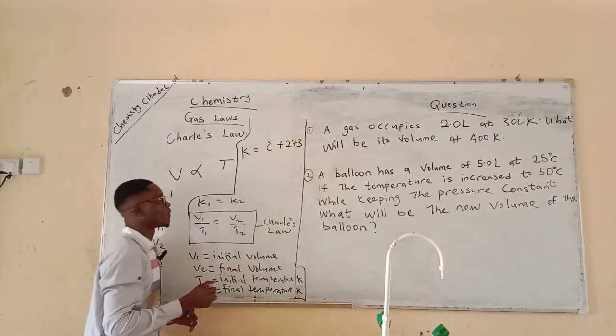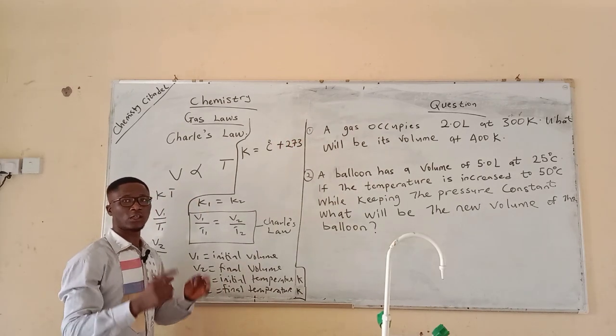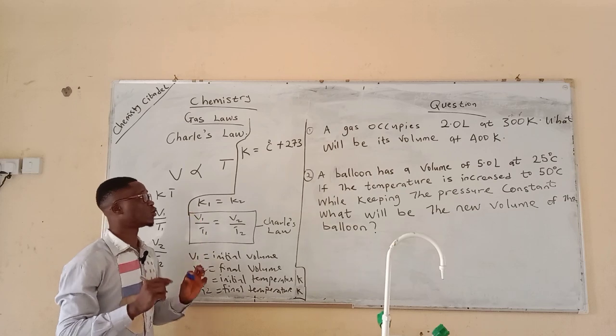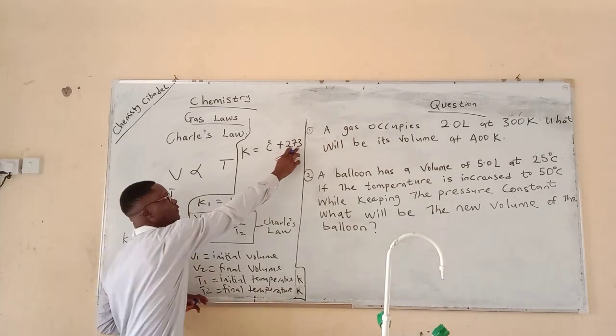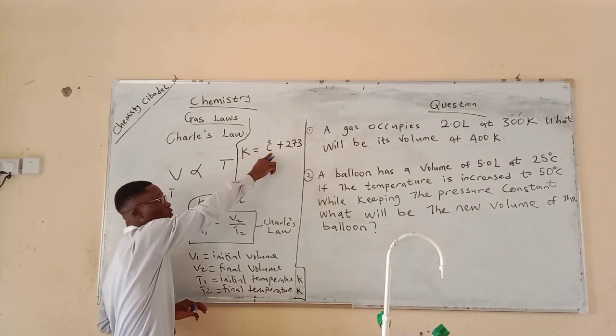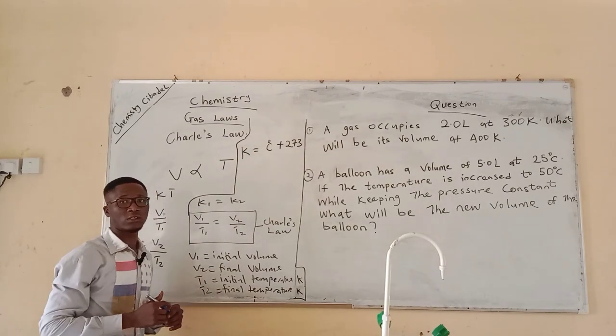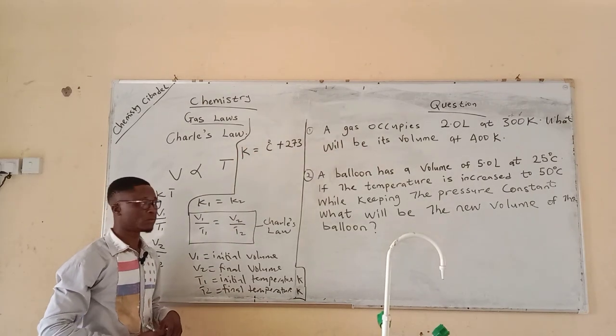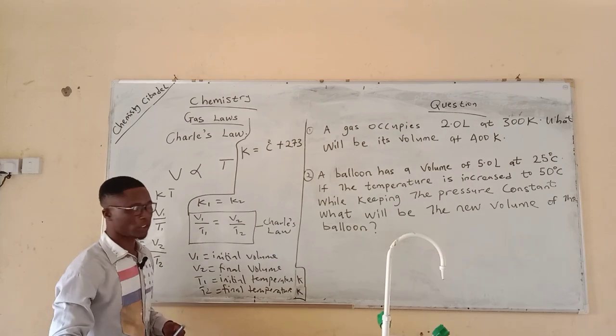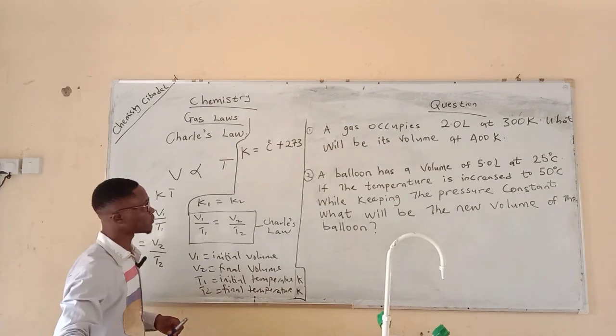Let's say, for example, I want to convert 20 degrees Celsius to Kelvin. I will just add 273 to the 20 degrees Celsius. The final answer is my temperature in Kelvin.